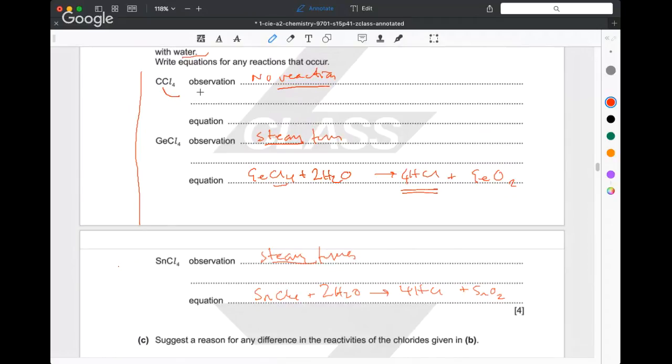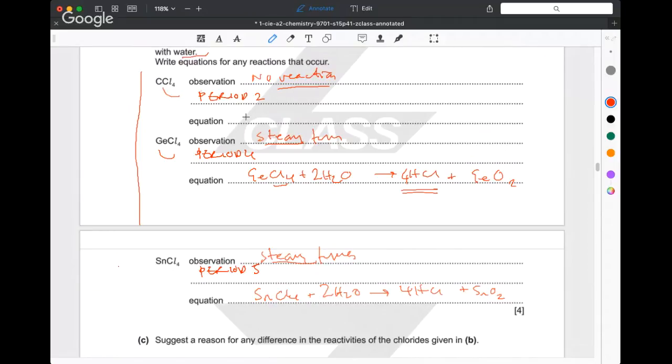Carbon, if you look it up in the periodic table, is in group 2. Germanium is in group, sorry, what do I mean? I mean not group 2, I mean period 2. So carbon is in period 2. Germanium, if you look it up, is in period 4, and tin is in period 5.